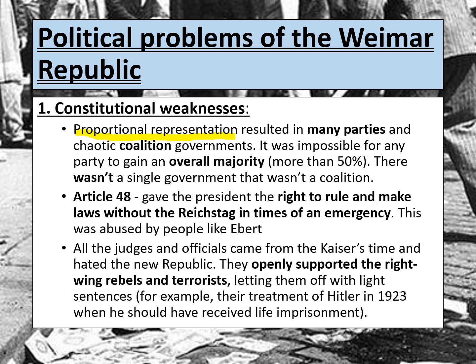If you can't remember what a coalition government is, it's where two or more political parties have to join together because one of them doesn't have over 50% of the seats in the Reichstag. And of course, that happened throughout the Weimar period because it was impossible for any political party to get an overall majority. It was impossible for them to get more than 50%. You would have to get over 50% of the entire nation to vote for that one political party.